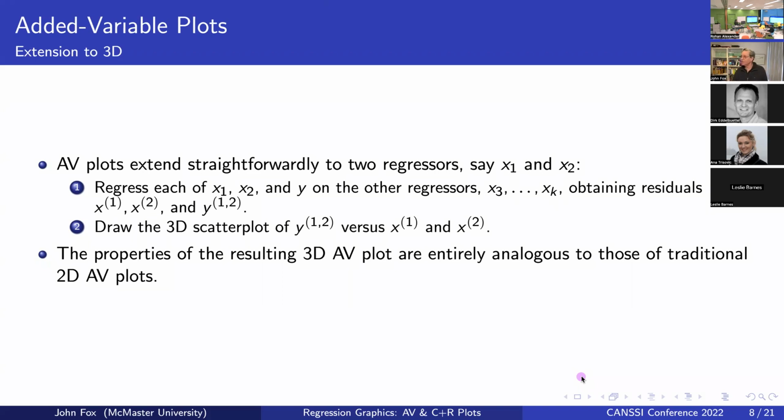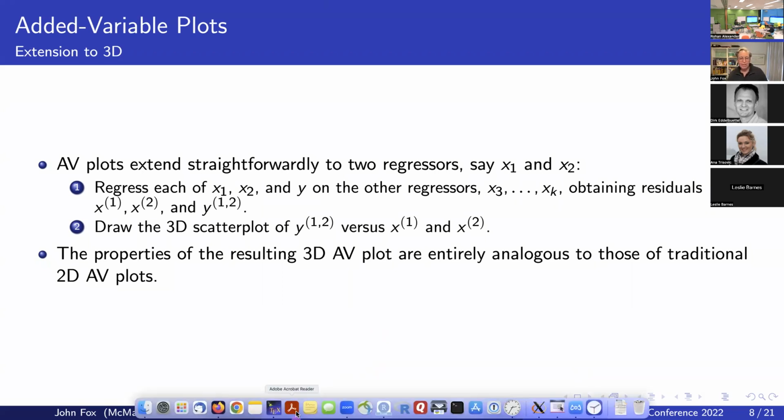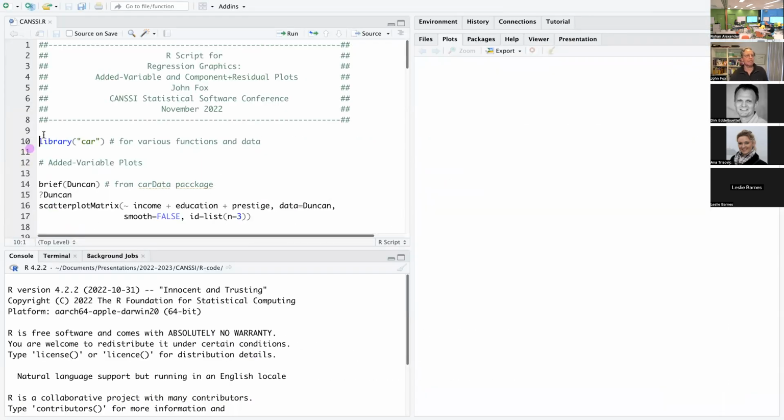The properties of the resulting graph are essentially the same as the properties of 2D added variable plots.